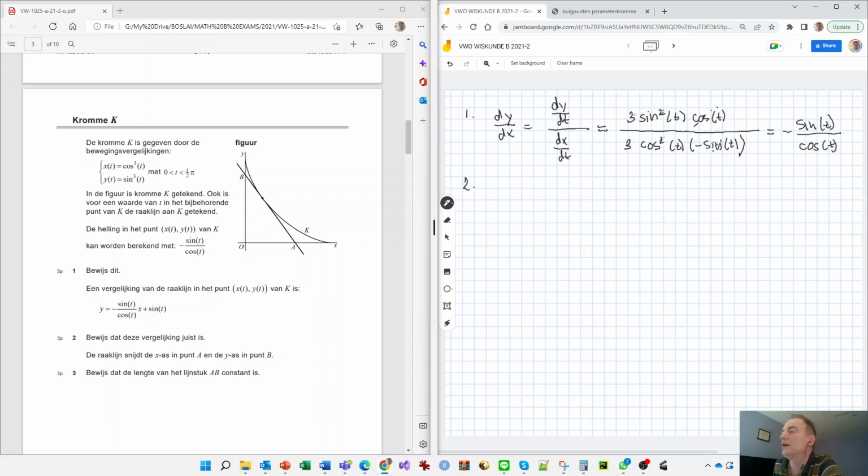So I have to show that sine cubed t is equal to that thing, where x is cosine cubed t, plus sine t.